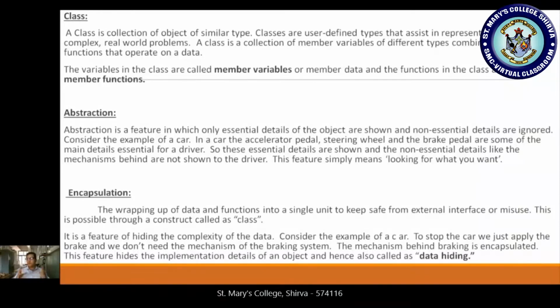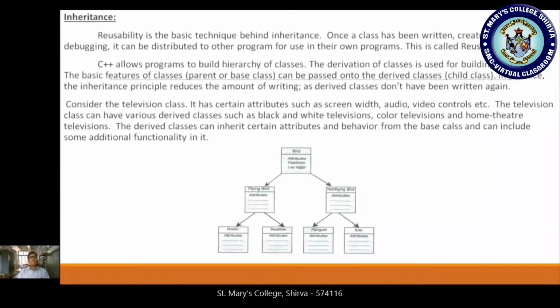If we do not encapsulate it, the car will not function properly. So we are protecting that mechanism. If you don't protect that mechanism, your data will definitely be lost. This feature is sometimes treated as data hiding, and it is mainly implemented through objects. Okay, next our concept is inheritance.